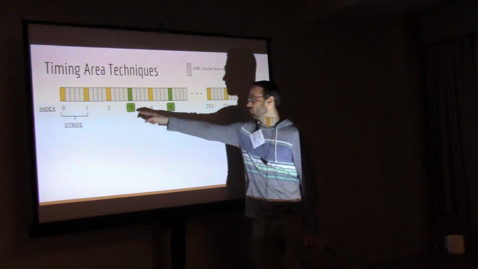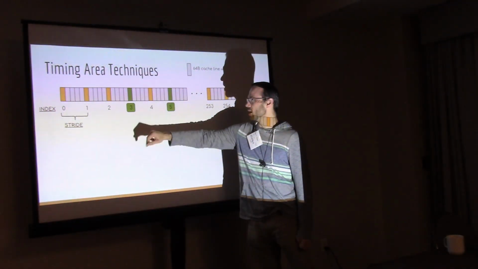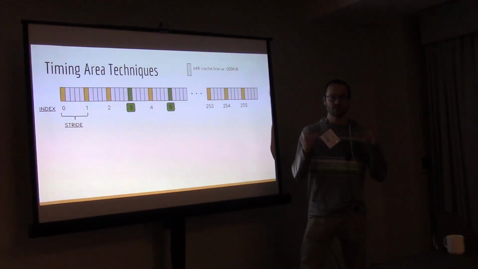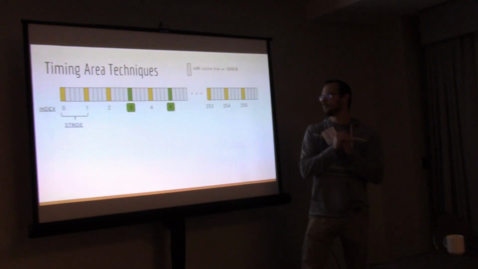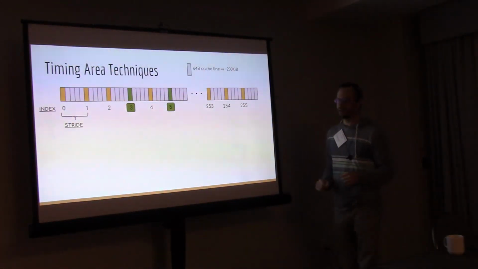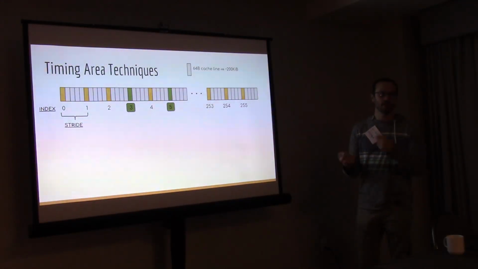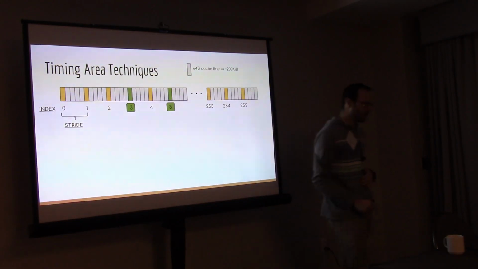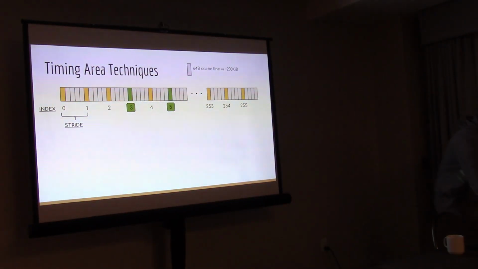So if the third line, for example, is fast, that means that value is a signal in the cache. And because we use a whole area and not just 1 or 2 lines, we can actually encode multiple signals. So we can see that 3 and 5 are both fast on purpose.